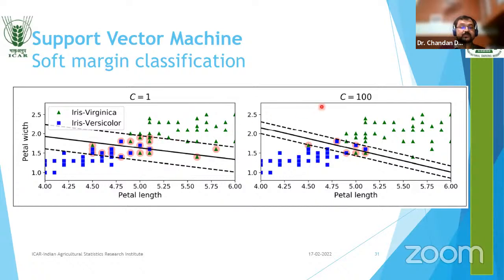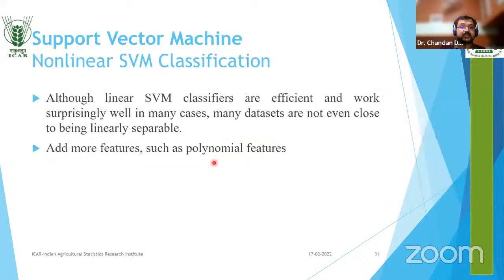Whenever the hyperparameter C is low, we get a wider road, and whenever C is large, we get a smaller road. So the border of the road, that means the width of the road, should be such that your classification is done in a proper manner.